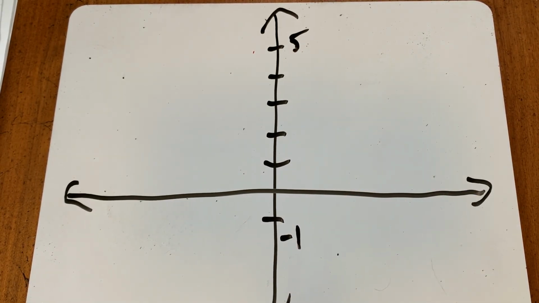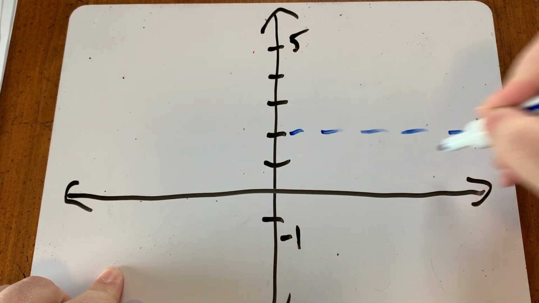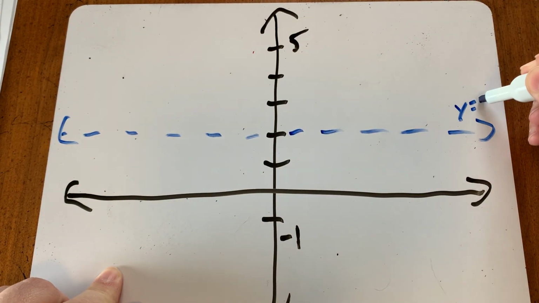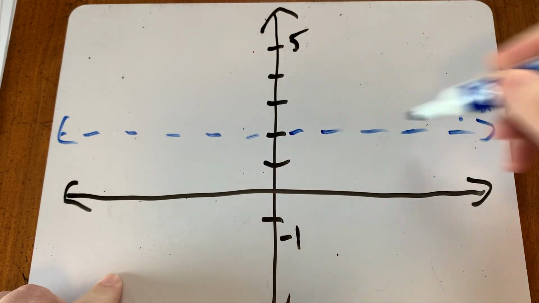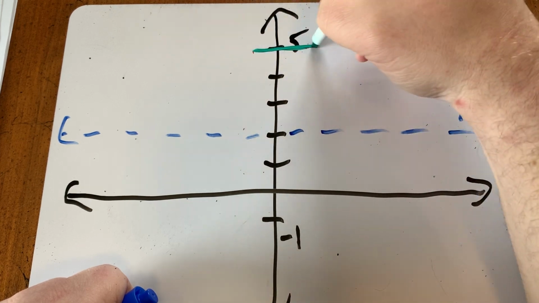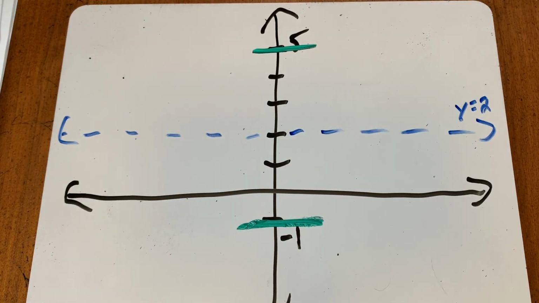So our graph is going to have, at 2, our axis of the wave, and nothing is going to go above 5. We'll have a hard cap here and a hard cap down there at -1.